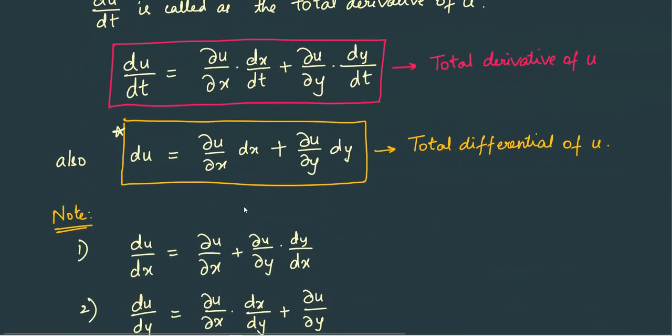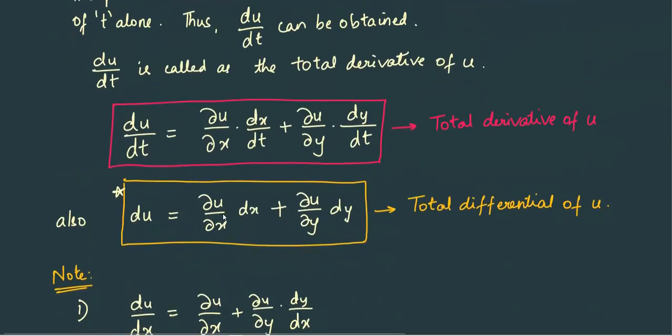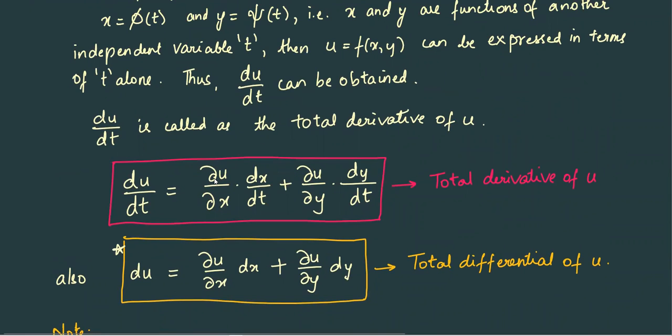Now this was about the total derivative. Now the function is defined in terms of x and y, which are defined in terms of t. Then we could do this. And there's a common phenomenon, like if a particle is moving in a two-dimensional plane, in x and y, it has derivative with respect to x and derivative with respect to y. So t is the time.